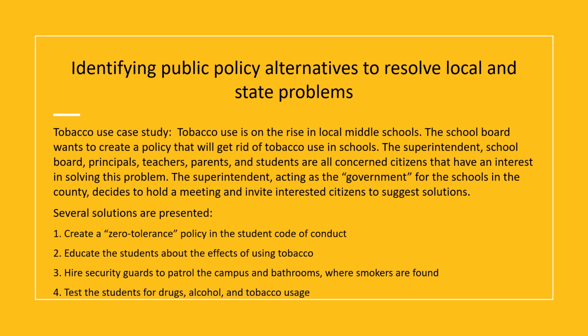So you can see why that Rubik's Cube approach was so important, because each of these four alternatives provides for a very interesting class discussion, right? What happens when you test for drugs, alcohol, and tobacco usage? What if a person has the right to use particular medicines that might show up in their blood that the school does not already know about, right?